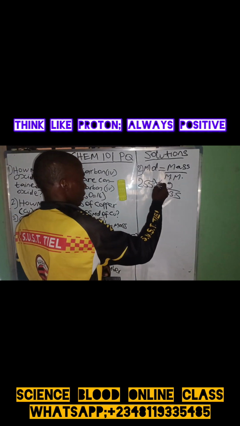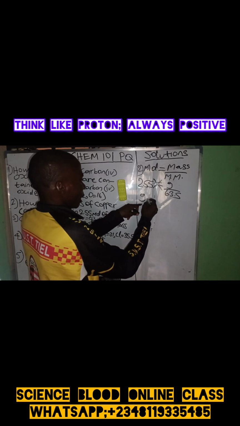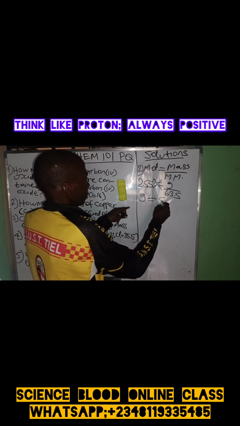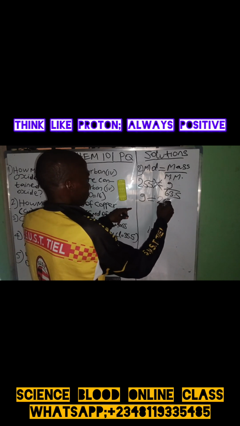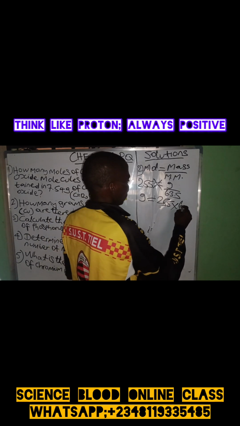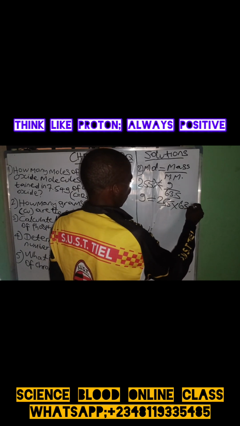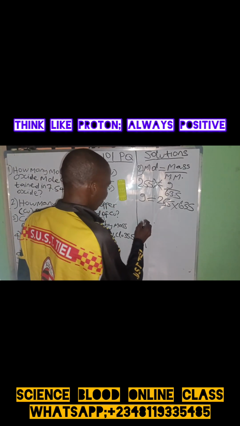So when you cross multiply, you have G, which is the gram, equals 2.55 multiplied by 63.5. Okay, let's continue.